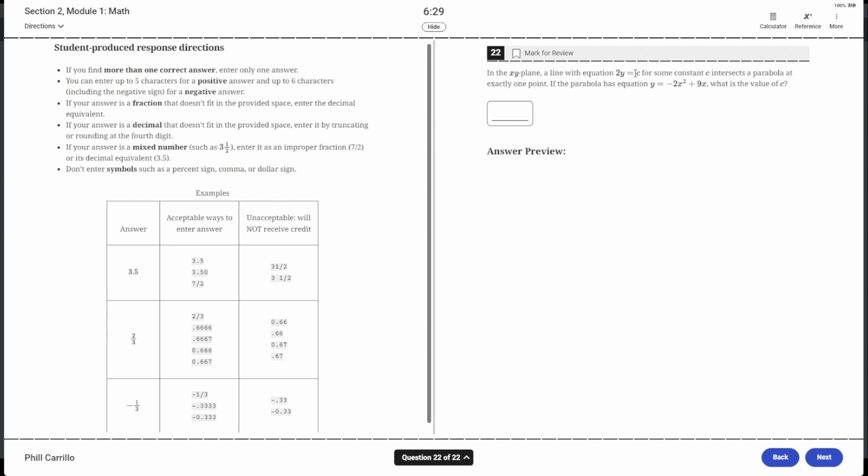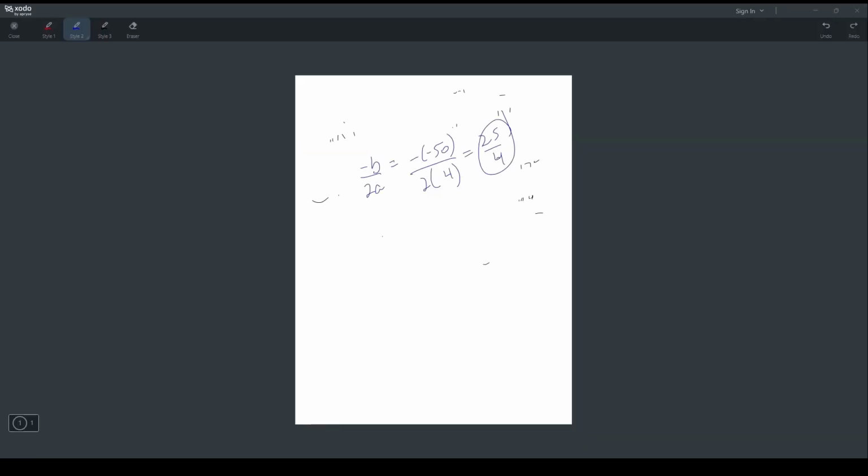So you have 2y equals c, for some constant c, intersects the parabola at one point, so that's the vertex basically. If it touches a parabola once, that's the vertex point. What is c? So again we have to find the vertex.